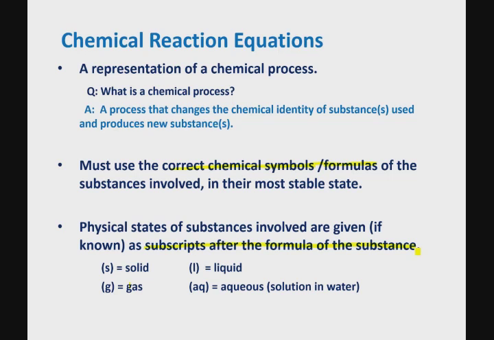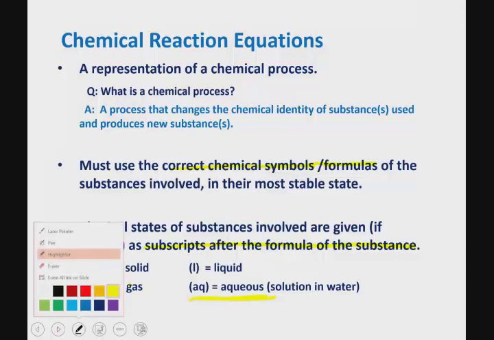In parentheses, S indicates solid, G indicates gas, L indicates liquid, and AQ indicates aqueous. Some people pronounce it as aqueous. That is a solution in water. Whenever you have aqueous, that indicates a solution, a homogeneous mixture with water.